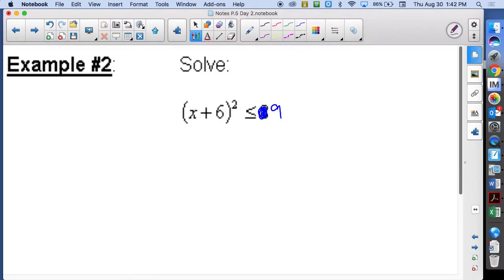All right, so again it says solve, which instead of solving, we're going to think, what are the x-intercepts? How would you technically solve a problem like this, Brandon? You take the square root of both sides. Yep, take the square root of both sides. So that gives us x plus 6. The square root of 9 is 3, or -3.